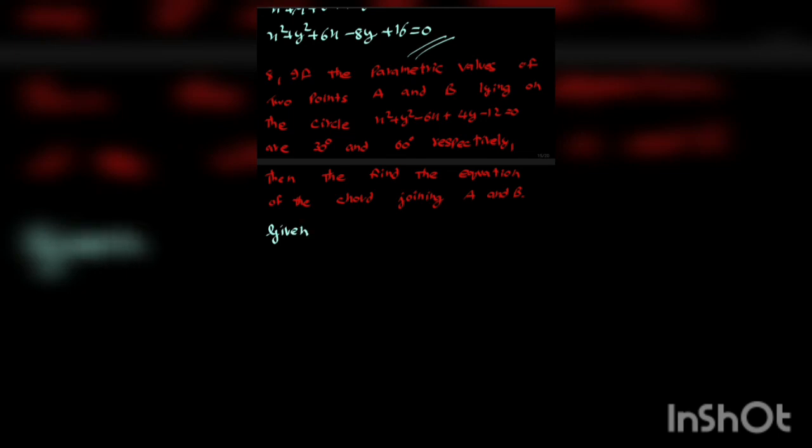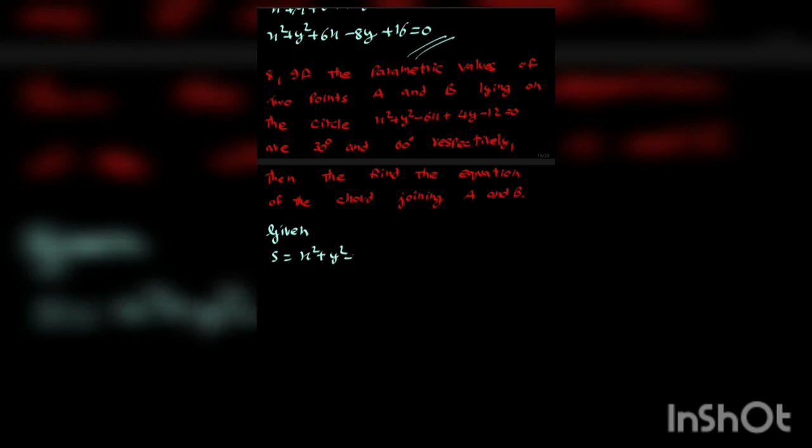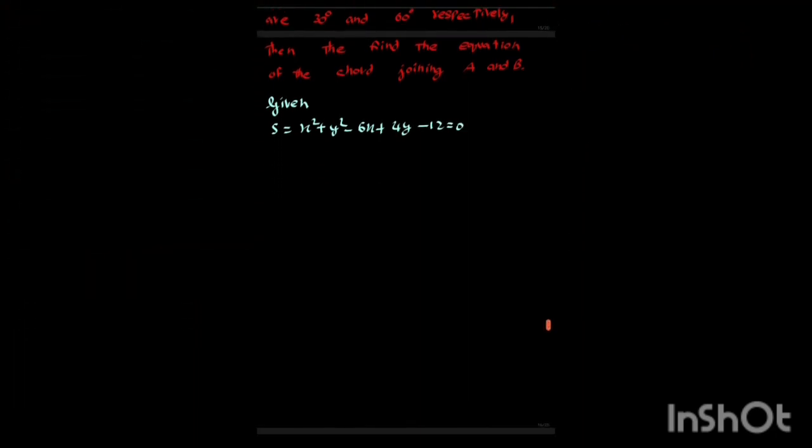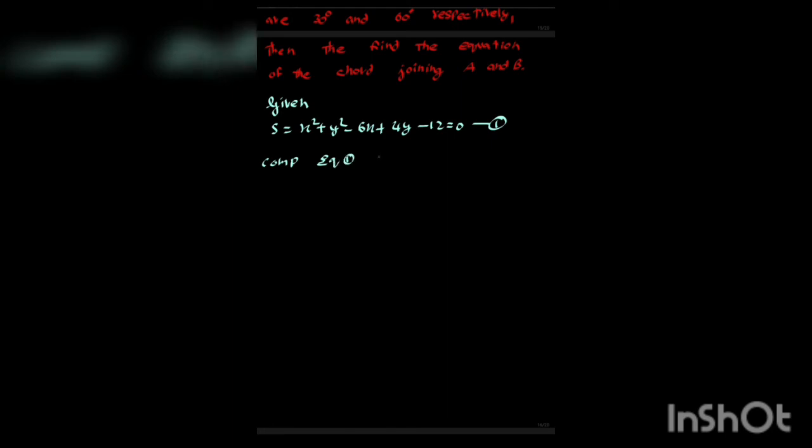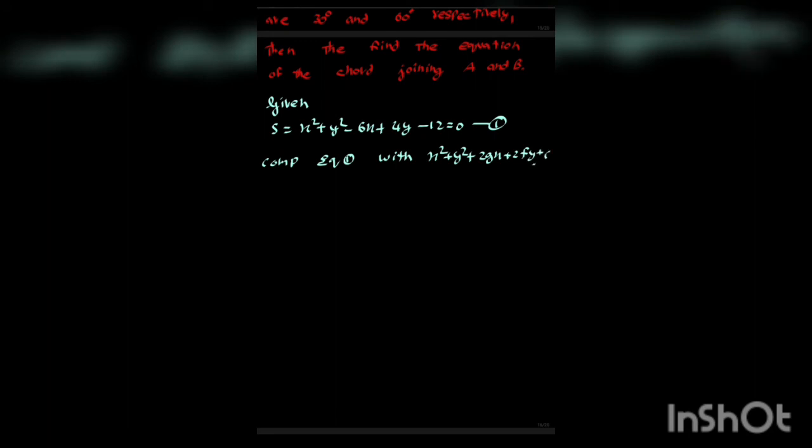Given circle S is equal to x square plus y square minus 6x plus 4y minus 12 equal to 0. So compare this equation with general equation of circle, that is general equation, x square plus y square plus 2gx plus 2fy plus c equal to 0.